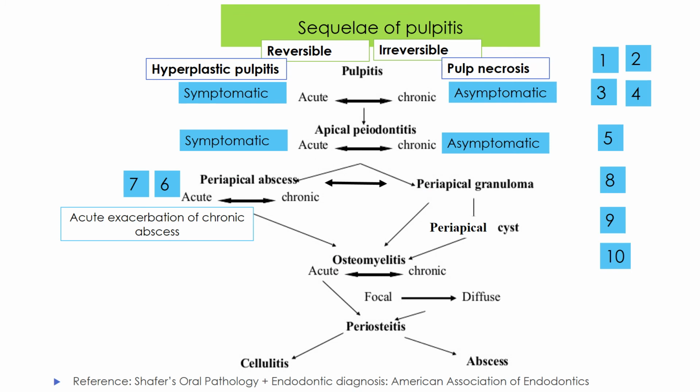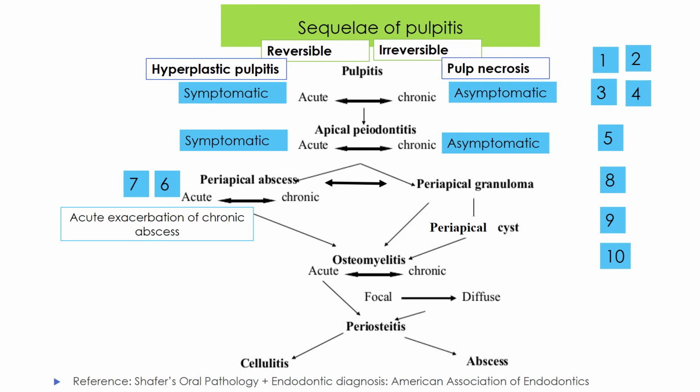So let me just remind you about the sequelae of pulpitis again. We've looked at 1 and 2, which are reversible and irreversible pulpitis, which lead to apical periodontitis. I have also included hyperplastic pulpitis and pulp necrosis, which we've discussed, which are all types of pulpitis. Pulpitis can be symptomatic or asymptomatic. When you're talking about apical periodontitis, that means the pulpitis, if not treated, leads to apical infection, which could again be symptomatic or asymptomatic.